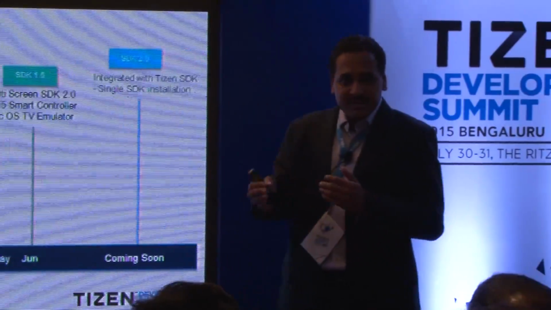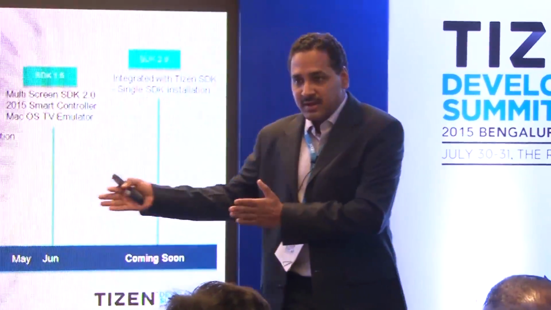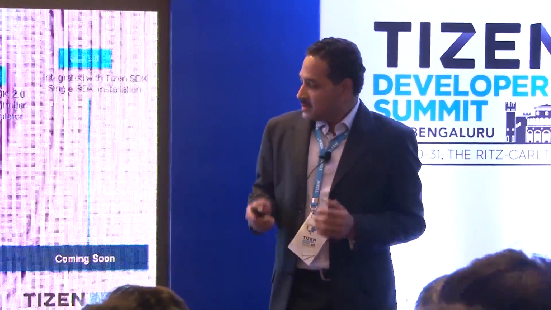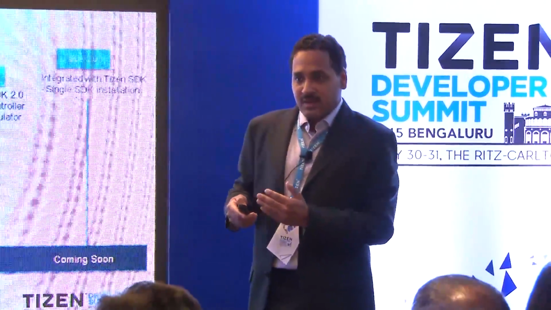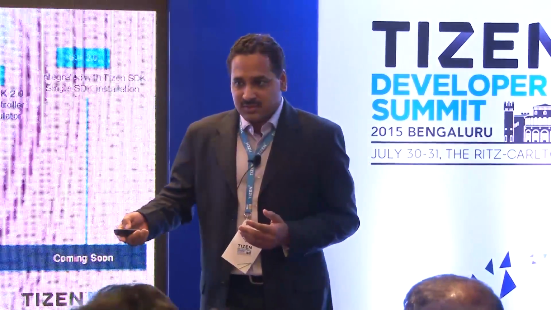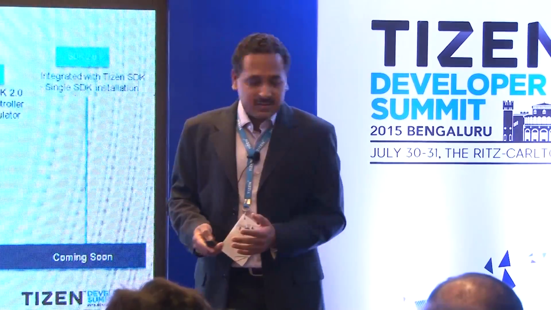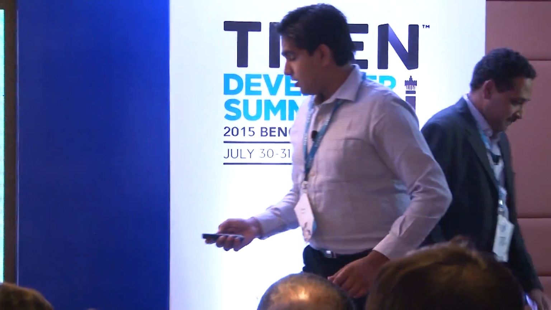We'll have an integrated installer coming down the line for the SDK. Now let's talk about the development APIs of the SDK and what exactly it offers. For that, my colleague Ajit will take you forward. Thank you, Avnish.